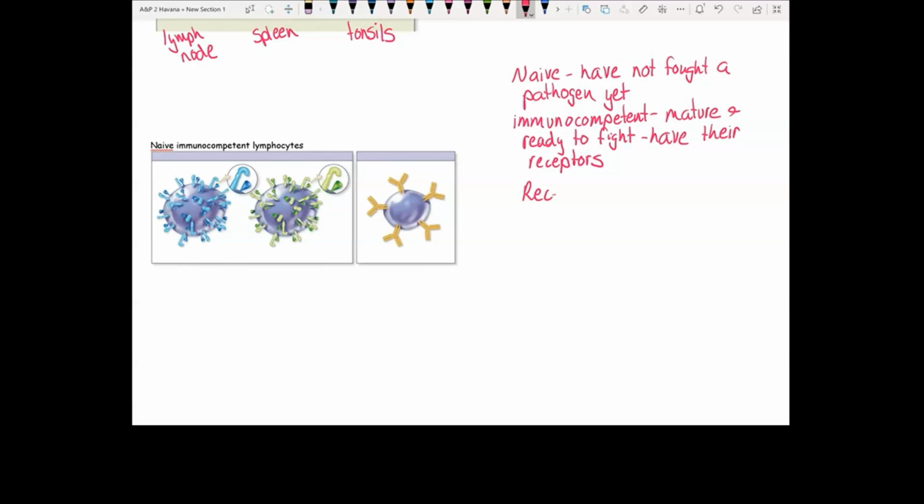Let's take a look at receptors. Receptors are proteins on the surface of the lymphocyte. And they are going to interact with pathogens. This is what they use to identify and interact with pathogens.